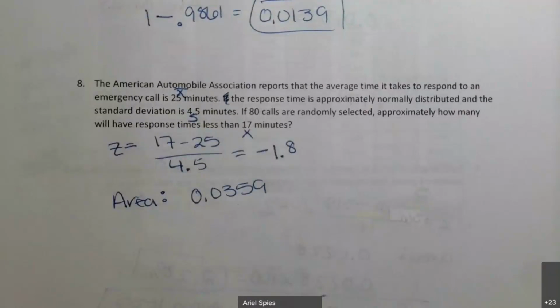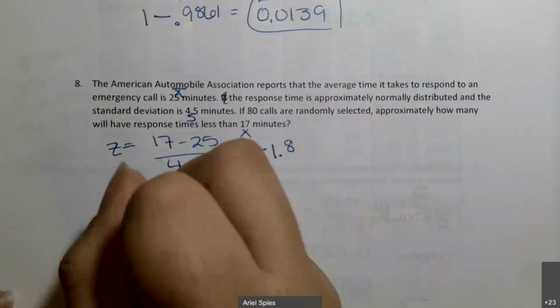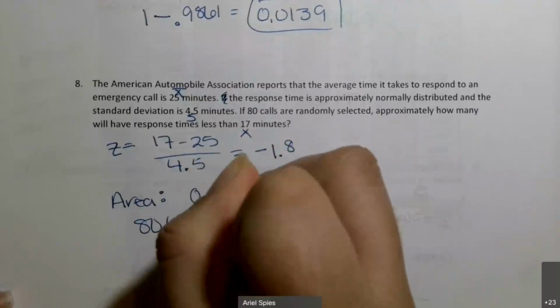So if I want to figure out how many of the 80 calls are less than 17 minutes, I'm going to take 80 and multiply by that decimal.